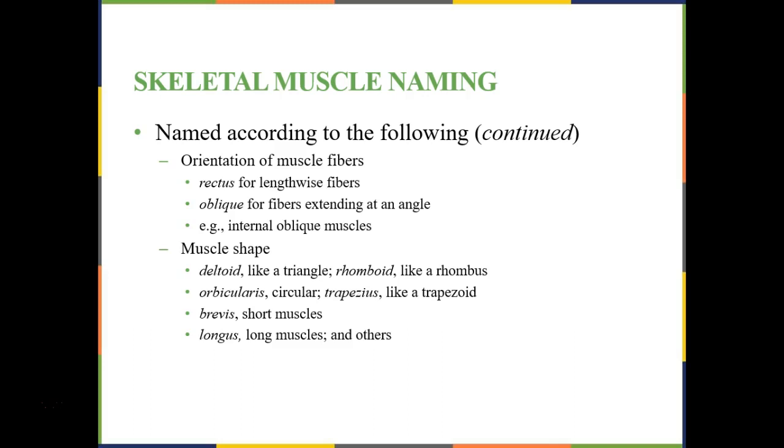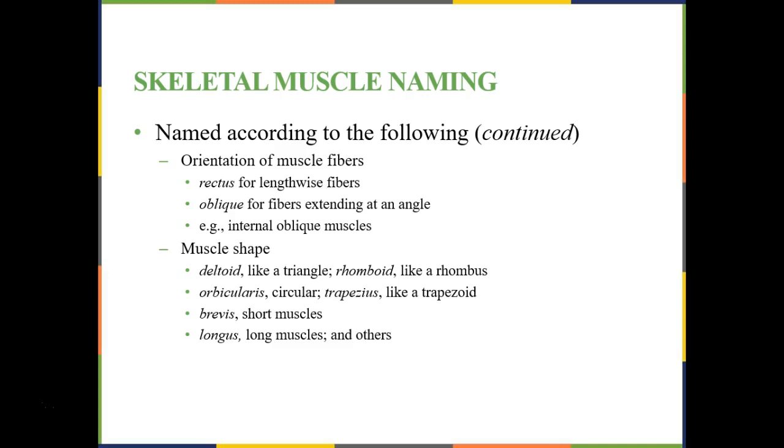Rectus femoris, the length of the femoral region. But your obliques run at an angle. We have internal and external oblique muscles that run either at an angle towards the pubis or towards the xiphoid process.